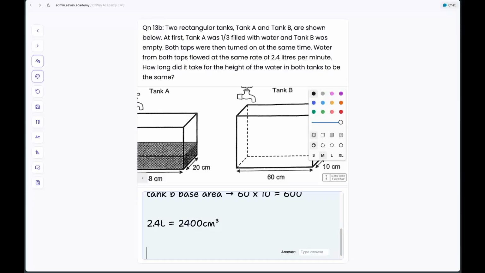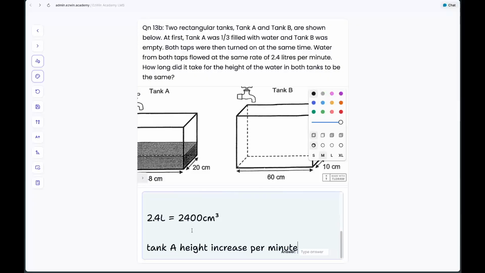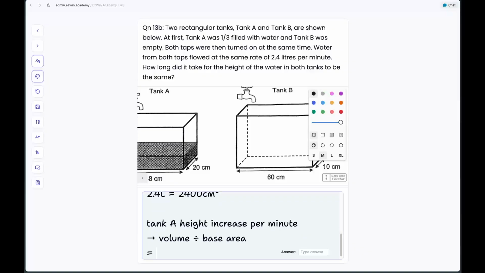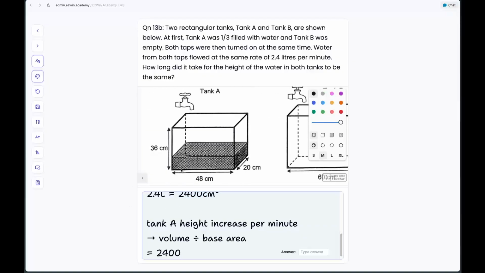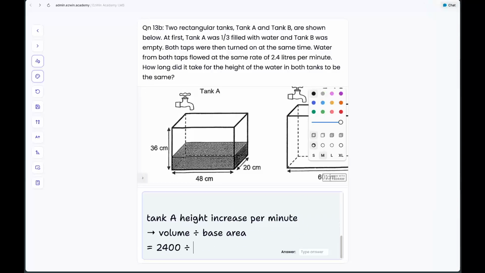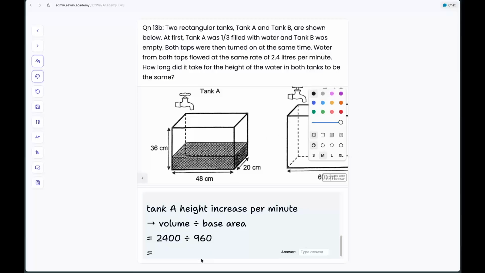Okay, so now we want to find the tank A height increase per minute. Because we know the base area, that means volume divided by base area, and the volume in this case is 2,400 divided by the base area 960, and this will give us 2.5 centimeters height increase per minute.